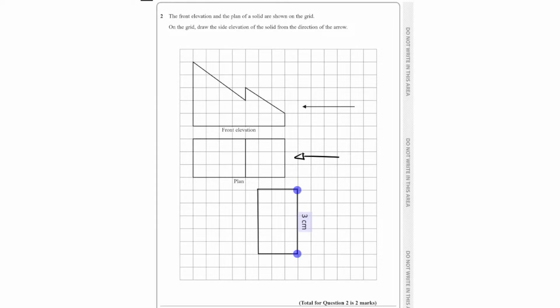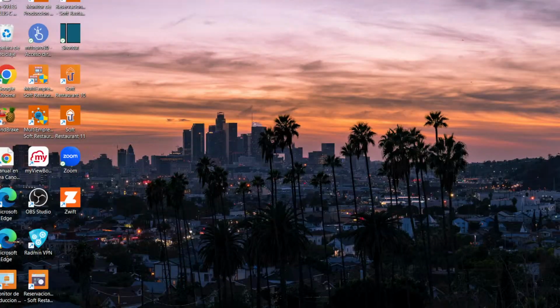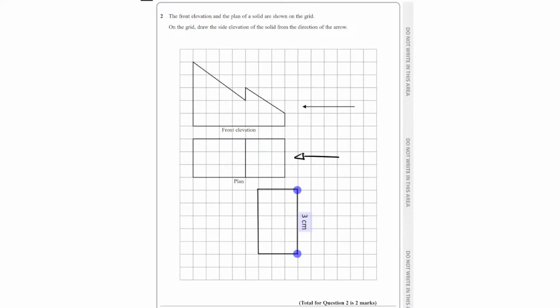Now I'm just going to check the mark scheme though, because I want to see exactly what they've written. Sometimes you can put lines through it as well, can't you? Let me just grab the mark scheme so you guys can see. There we go.